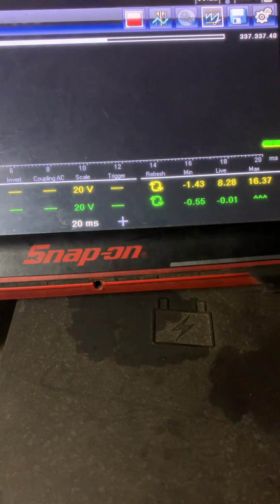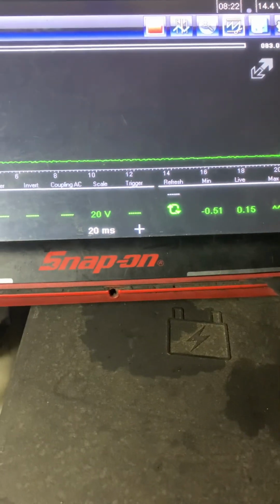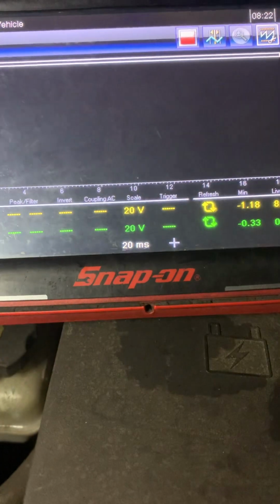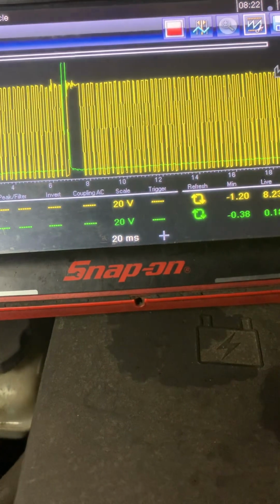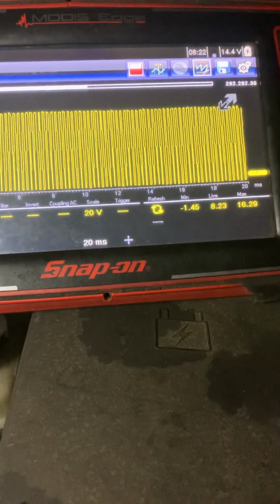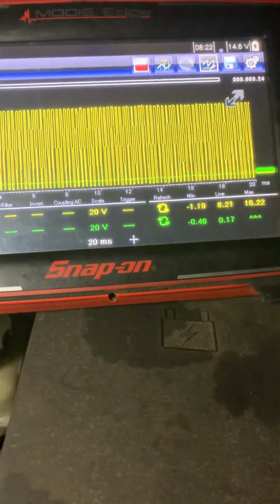Green channel is purple wire. This is turn off. This is what the green channel shows. This is what the yellow wire shows. Yellow to yellow, obviously. So turn it back on.